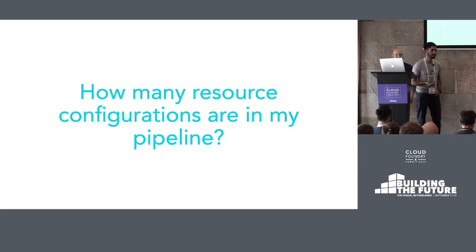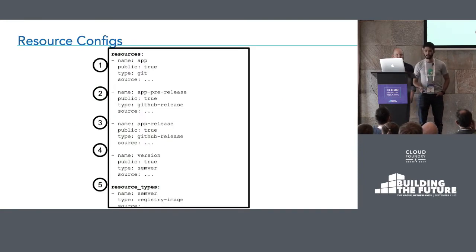So how many resource configurations do we have in that sample pipeline that we showed earlier? Here's the configuration of it. You don't need to try and read it, but just looking at this, we can figure out how many resource configurations there are. A resource configuration is anything that falls under the resources and resource types sections in your pipeline configuration.